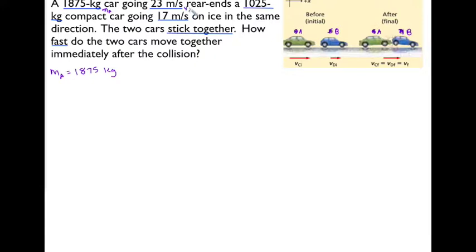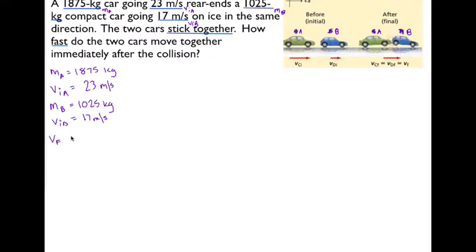And this is the initial velocity of A. Then we have 1025 kilograms, which is the mass of B. And then we have the velocity of B, and that's the initial velocity of B. And then it says they stick together, and we want the final velocity.